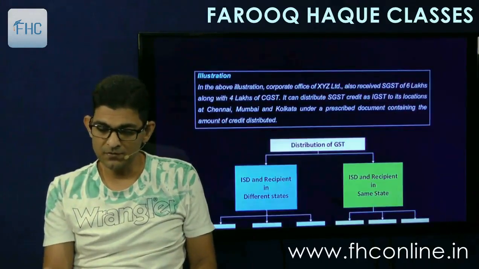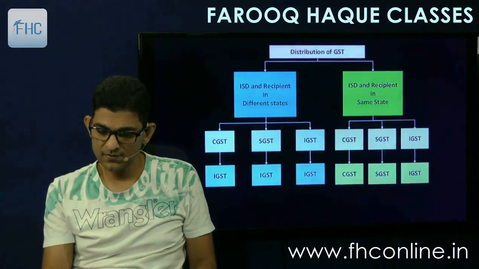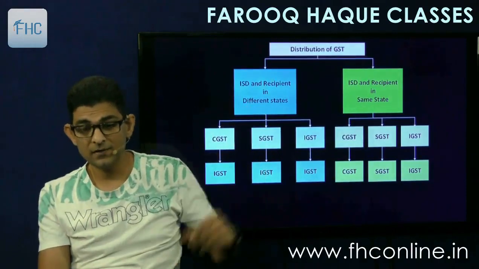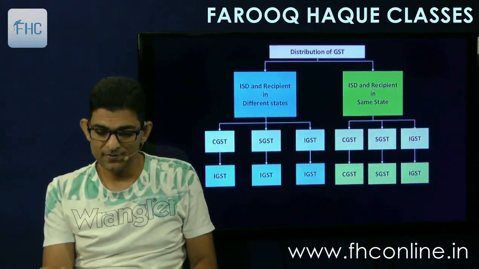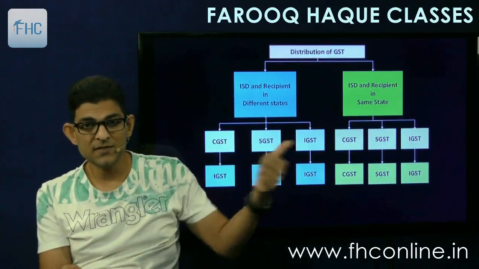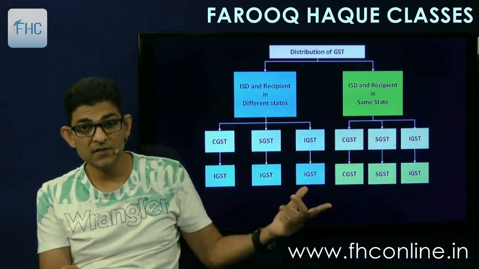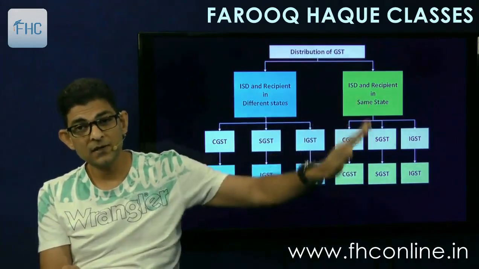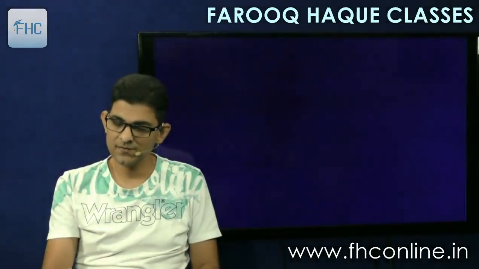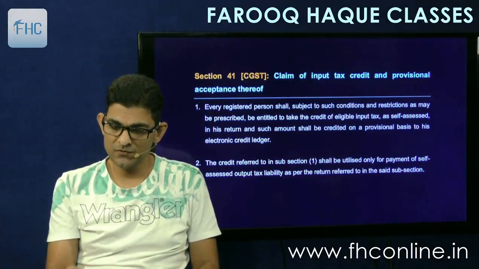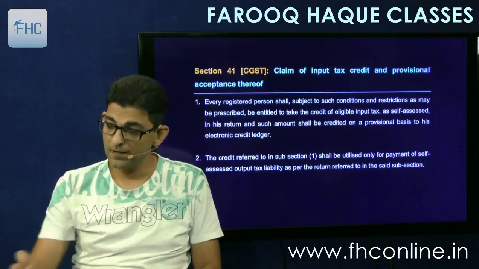So very simple examples, and the final conclusive example is also there. In different states, CG, SG, IG all will be distributed as IGST, but in the same state they will retain the same characters. Very simple. Great.